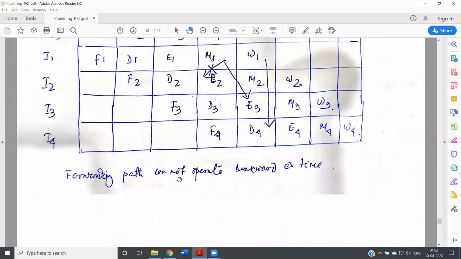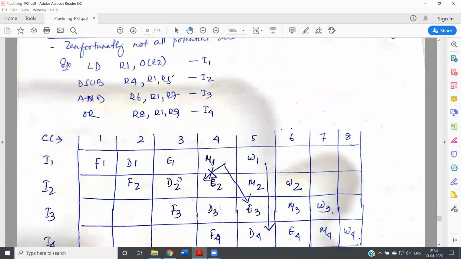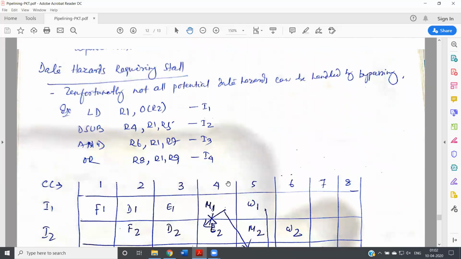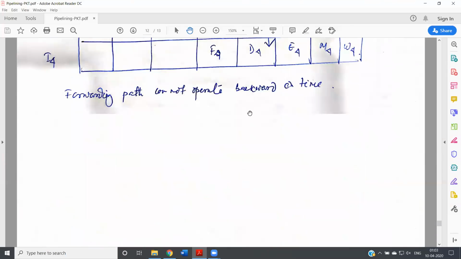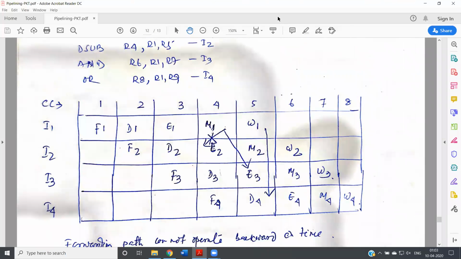So here it has failed, and here a stall will definitely occur. So all potential data hazards cannot be handled by bypassing. So data hazard may occur. We cannot give a guarantee that all data hazards can be removed. So in the next class we will go for the branch hazard.